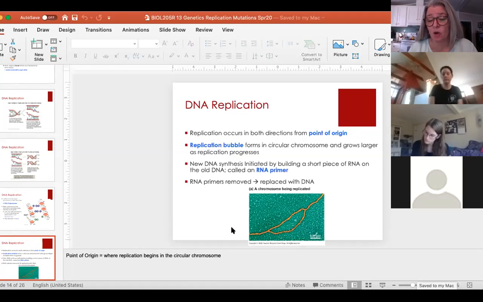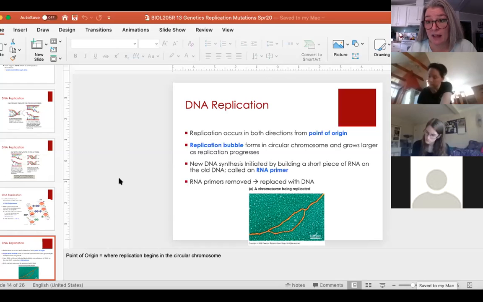It creates an opening. And you can see that on this slide down at the bottom. It creates a little bubble where the two strands have come apart. And the bubble just keeps getting bigger. We open it up at this end and we open it up at this end. And each one of the old strands gets copied. We build new DNA on each one of these old strands.